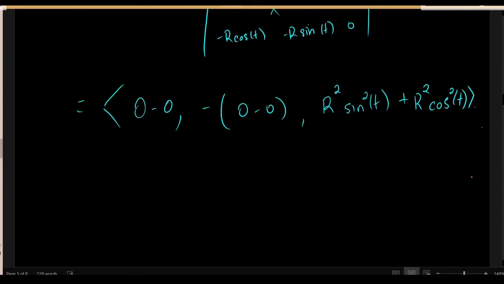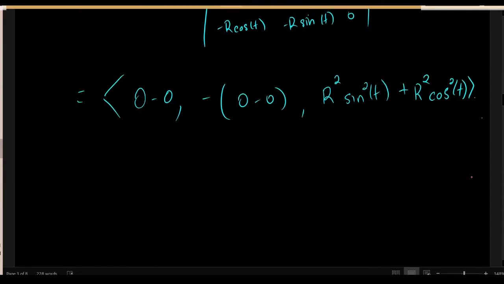Now, do you remember when we said that the Pythagorean identity was going to be our best friend in this section? Well, here we are again. We have a sine squared plus cosine squared, both being multiplied by the same constant, r squared. So that simplifies, by the Pythagorean identity, simply to r squared. And this is true for any and all values of t.